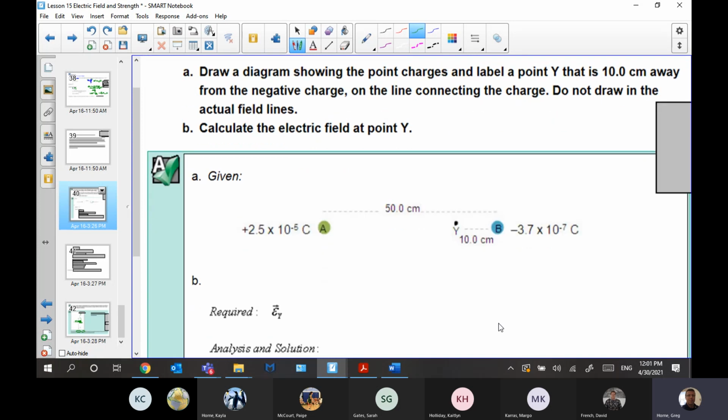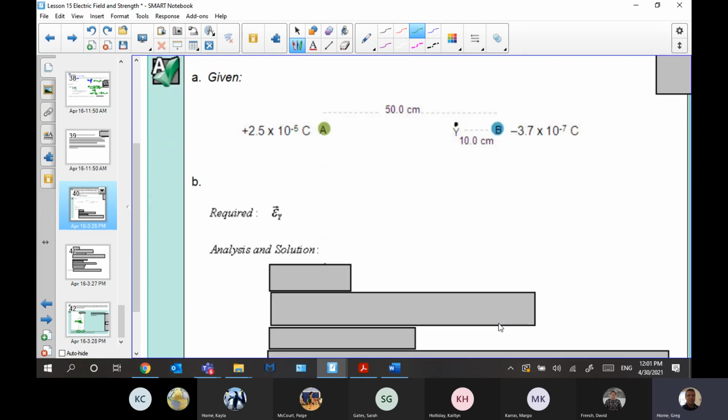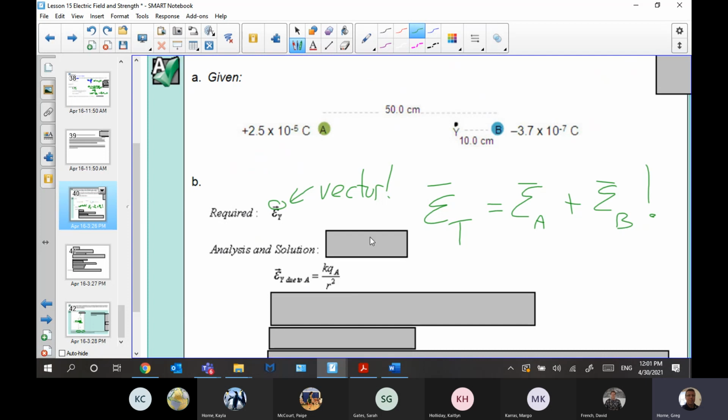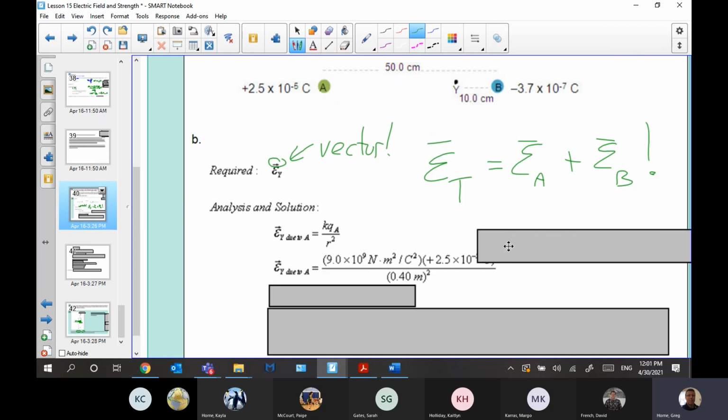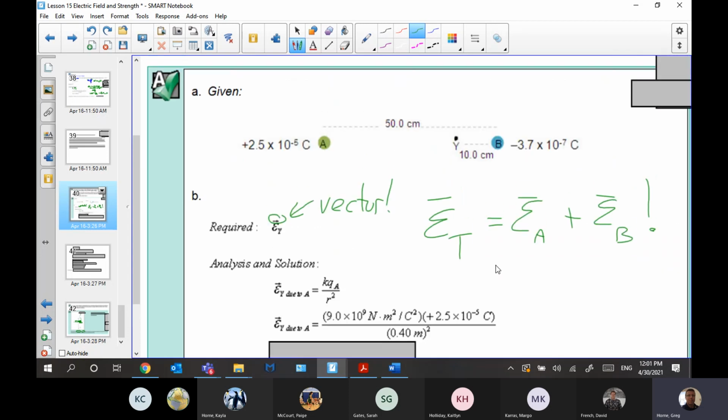The key part we have to pay attention to here is that this is a vector, right? And so curly E total is going to equal curly E, let's call it curly E from A, let's say, plus curly E from B. That's the idea, is you're going to have to add those things up vectorially. Okay, it's a force concept, right? So they're going to say, oh, the electric field intensity or electric field strength, that's interchangeable.